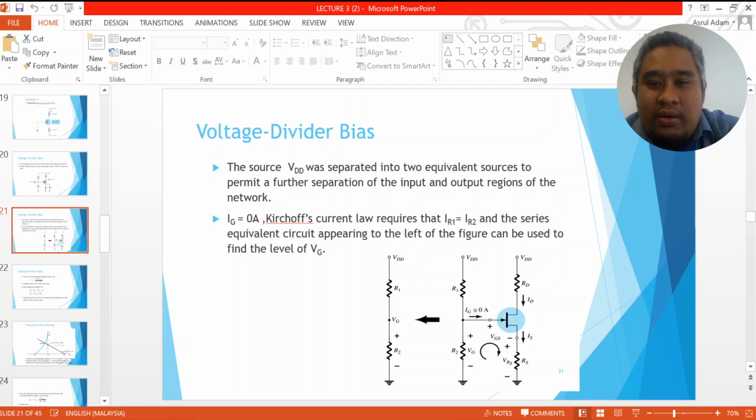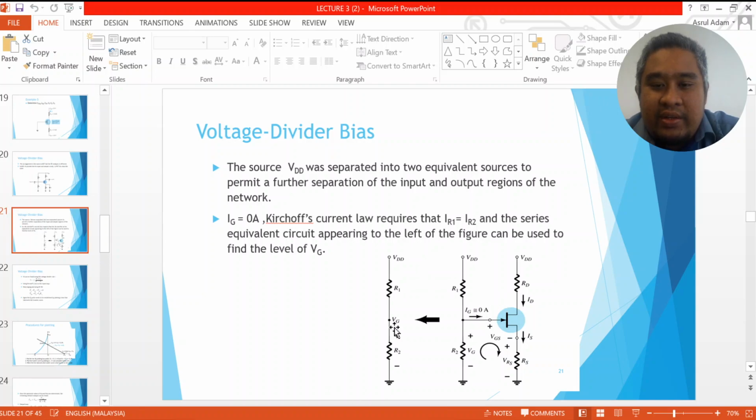So this is what happens to the circuit when we assume IG equals 0. It means no current here, so we can open the circuit here, then we can analyze the different parts separately.